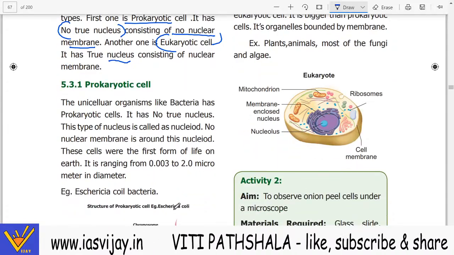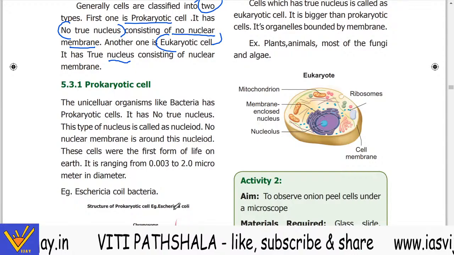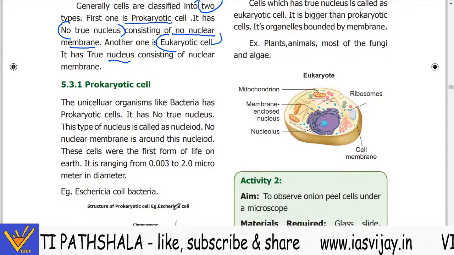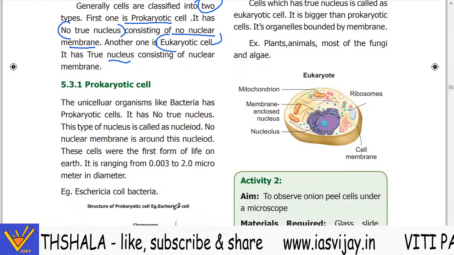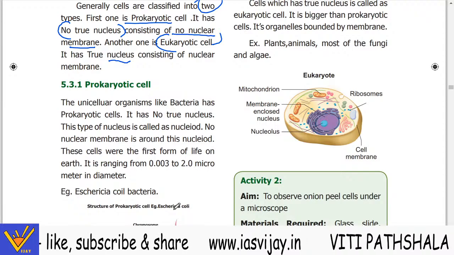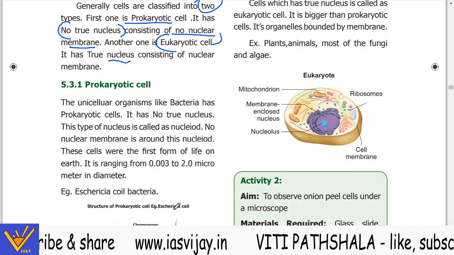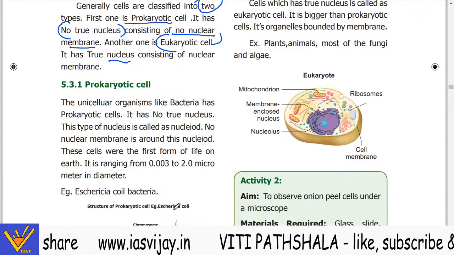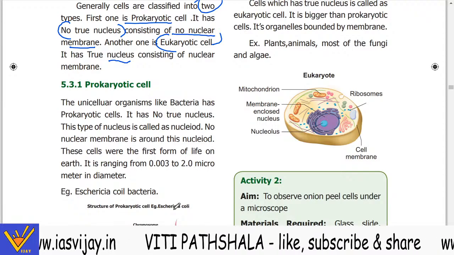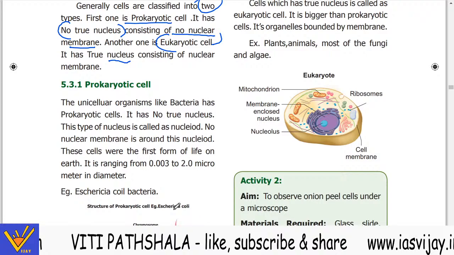The unicellular organism like bacteria has a prokaryotic cell. Prokaryotic means primitive, and eukaryotic we can say is developed. So pro gives primitive, and eukaryotic means developed. So the bacteria has a prokaryotic cell, it has no true nucleus.